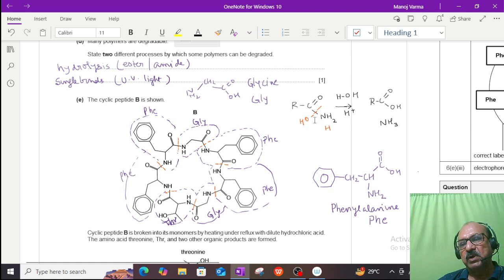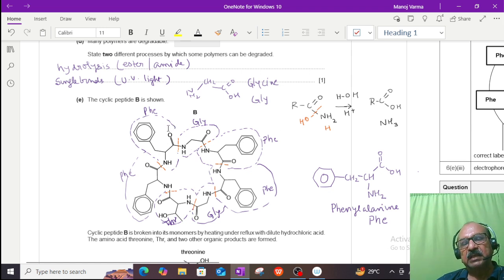So this is how you have to hydrolyze it. The CO group will change into the carboxylic acid group, and the NH part will add up one hydrogen.